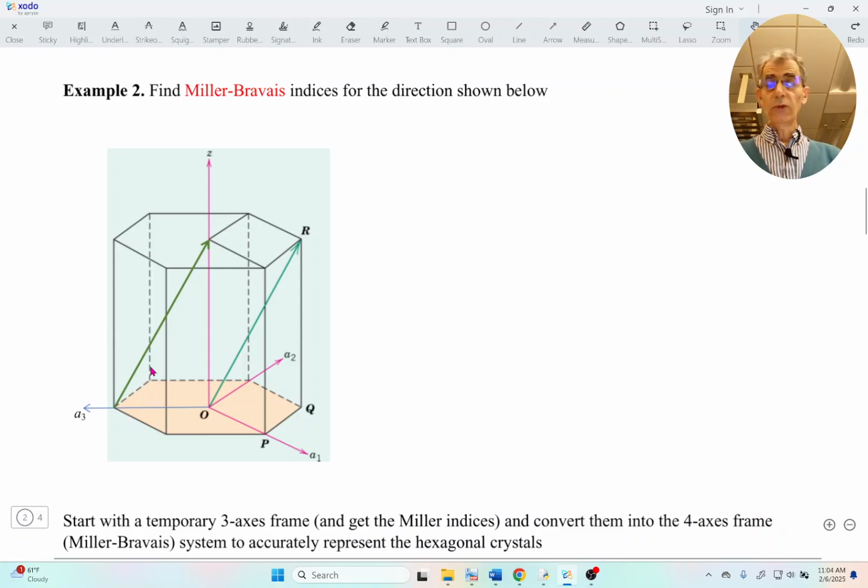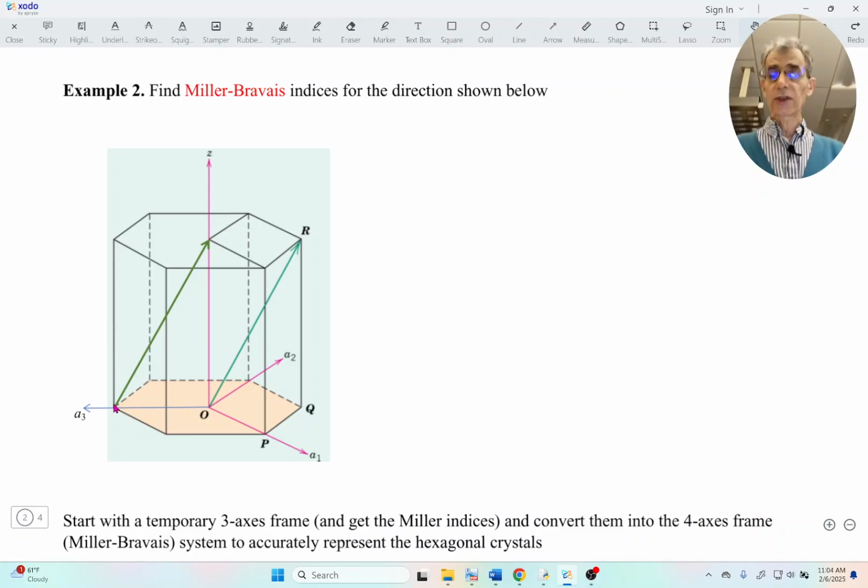If we don't want to move the vector, we can move the coordinate frame instead, and it will still be in the same family of directions for which we are trying to find the Miller-Bravais indices.